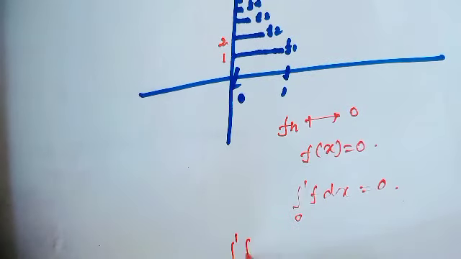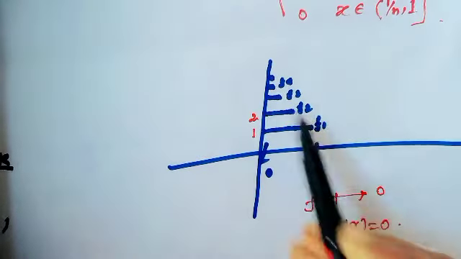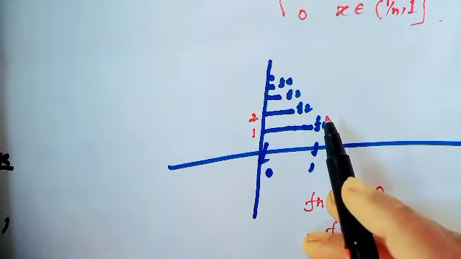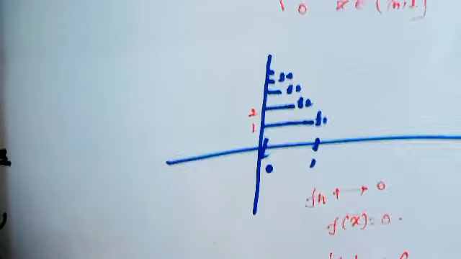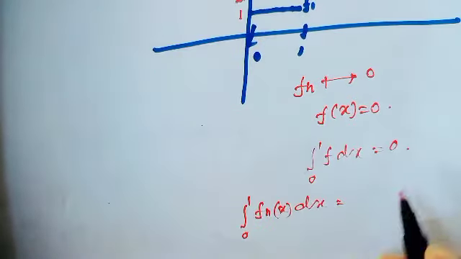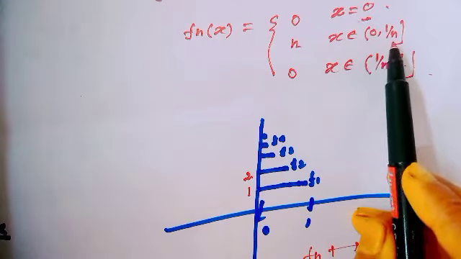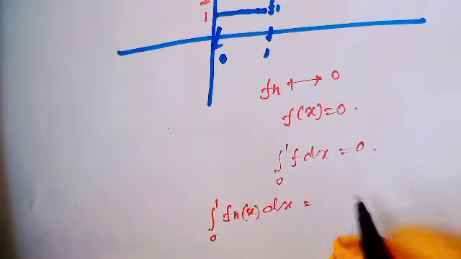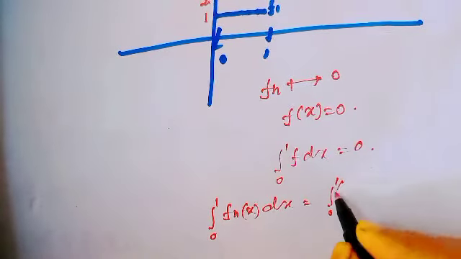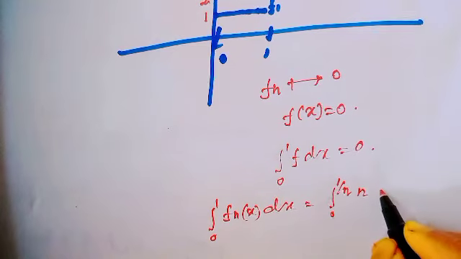Integral 0 to 1 of fn dx would be the area under this sequence of functions. Here notice, we have to find the integration over the interval 0 to 1 over n, and at these points the value of fn(x) is n dx.